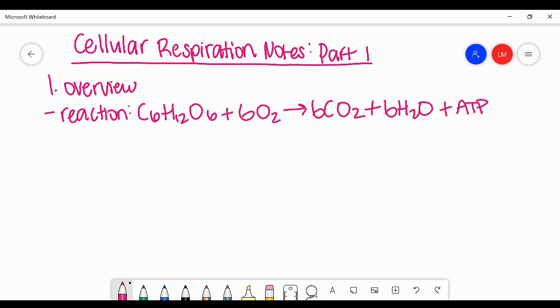And ATP is our energy molecule. So this means that with 1 molecule of glucose and 6 molecules of oxygen, cells can make 6 molecules of carbon dioxide, 6 molecules of water, and ATP energy.